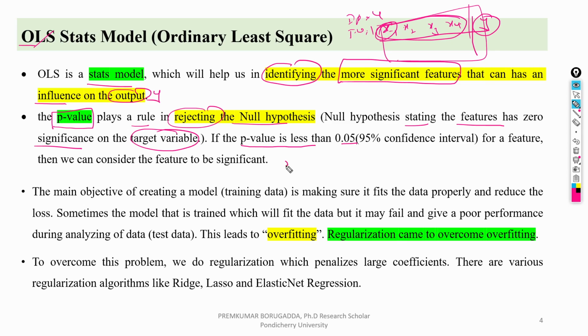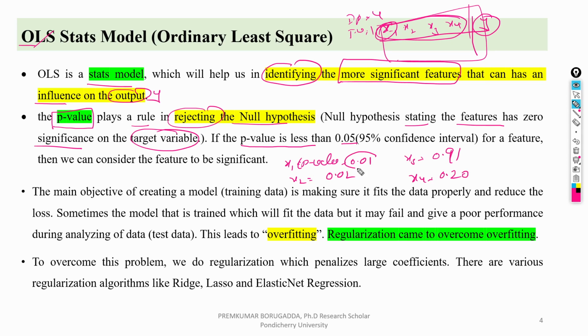For example, x1 p-value is 0.01, x2 p-value is 0.02, x3 p-value is 0.91 and x4 p-value is 0.20.